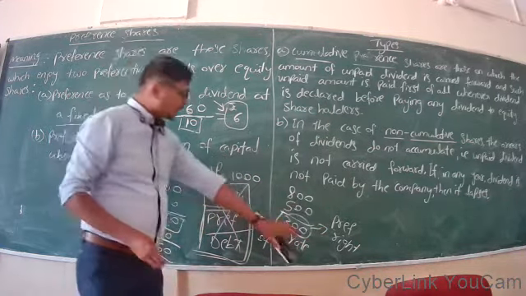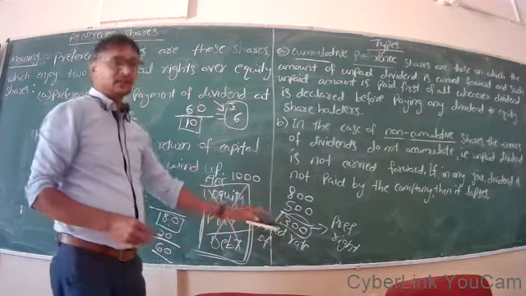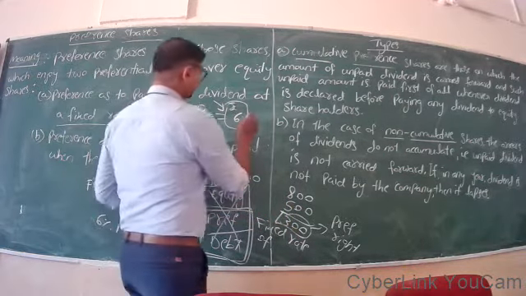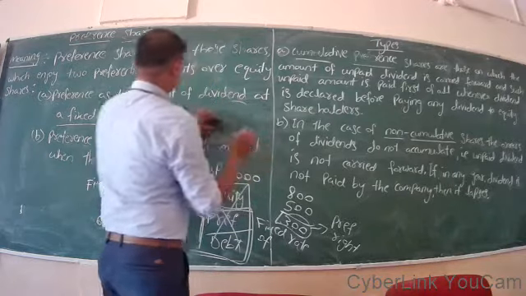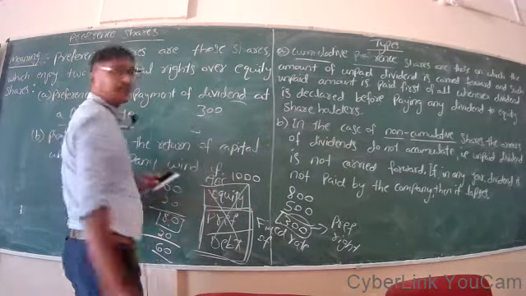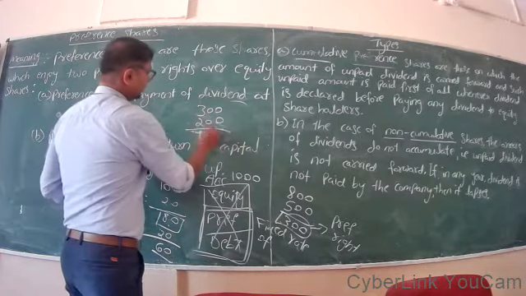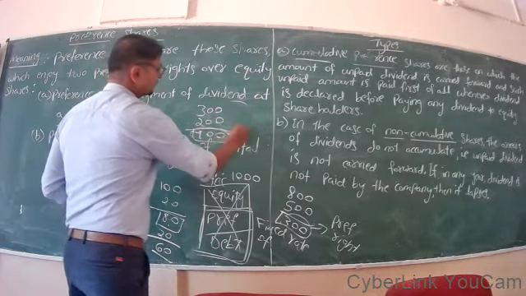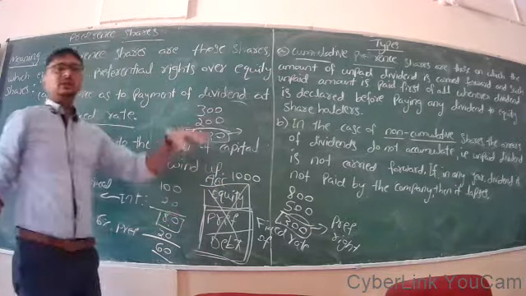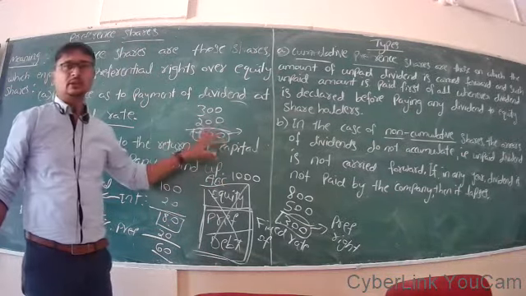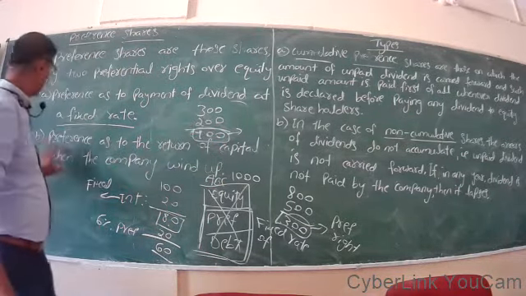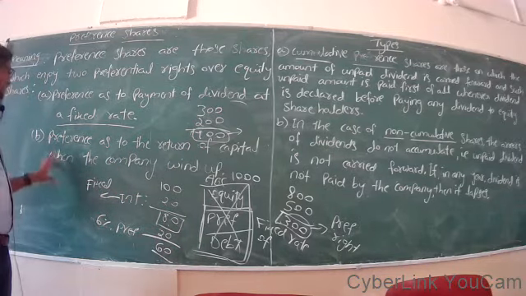Then, in this 300, if the preference shareholders' capital is 200 and the remaining 100, the equity shareholders have right over this amount. That's what point B explains.